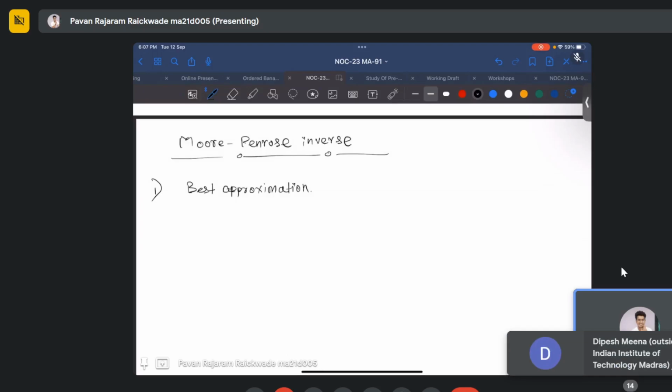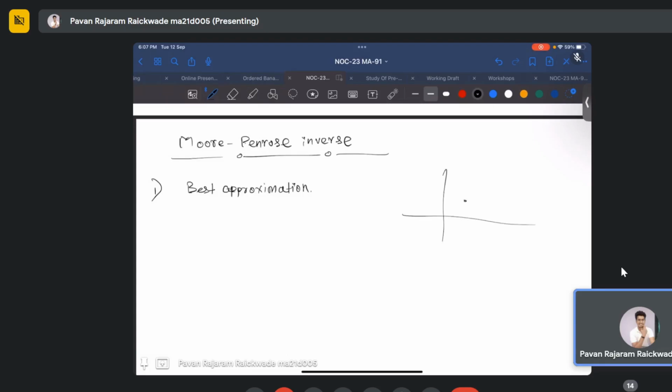So these best approximation problems happen all around in geometry, in every linear algebra problem. A very simple example of this: you take a point in R2, let's say, and then consider a line, maybe any line, this line.